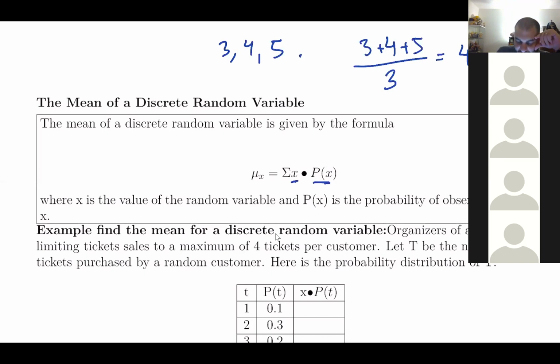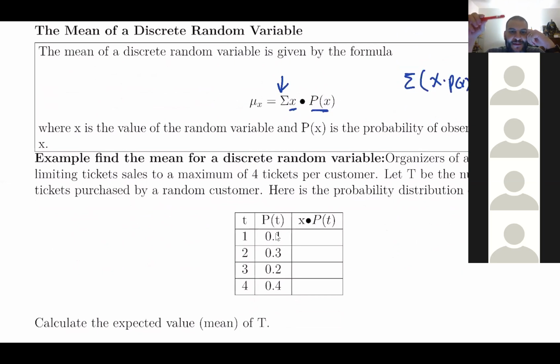Once you multiply x times p of x, you sum it up. So that's what we want to do because the p of x is telling us how many times these numbers are happening. And the x is telling us that x is occurring this many times. So let's go ahead and do this problem.